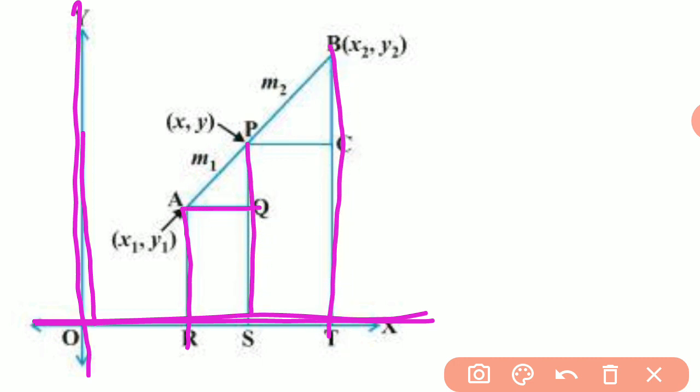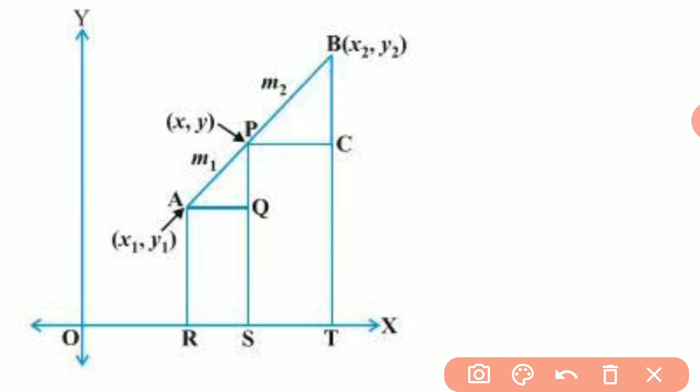and then from A to this line and P to this line, and after that we will equate this triangle and this triangle, which are similar, because this is 90 degrees, this is 90 degrees, and these two lines are parallel, so their corresponding angles are equal. So by angle similarity, these two triangles will be similar.